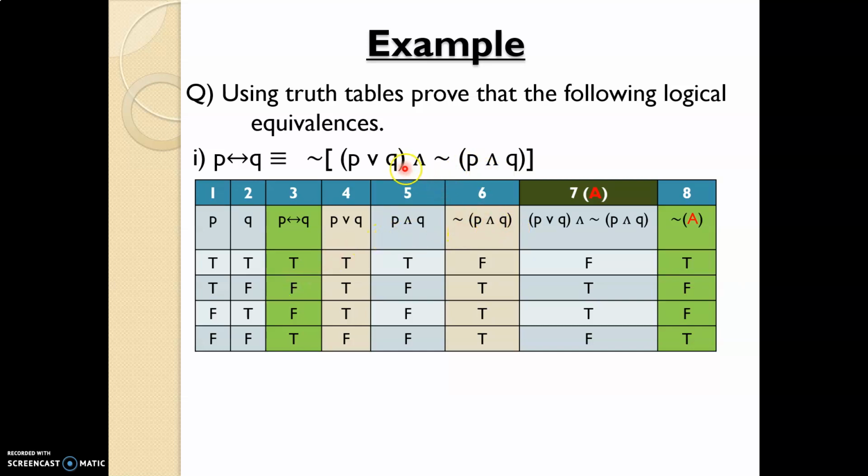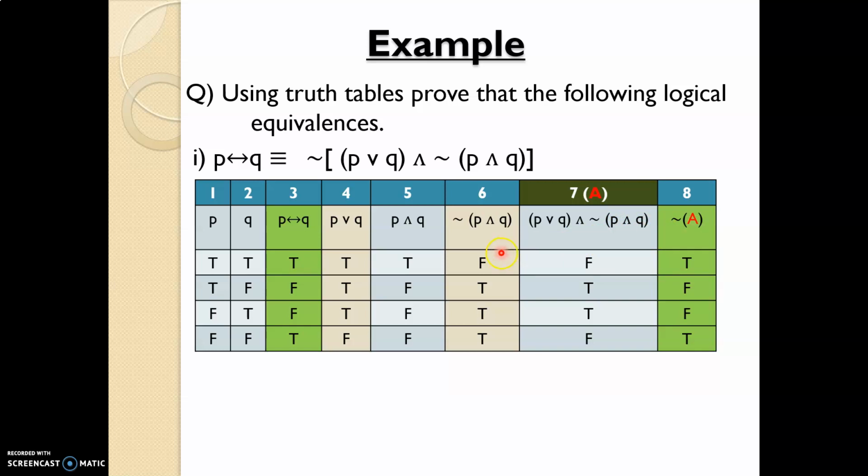Then you will find the combination of column numbers 5 and 6 in column number 7, and I have given the name A for this. So we will combine these two with and. Then in the last column we can see negation or A is written, because A is the lengthy part. So I've given a name to A. So this way you can solve.